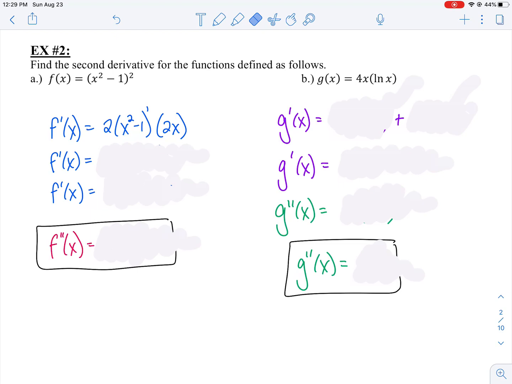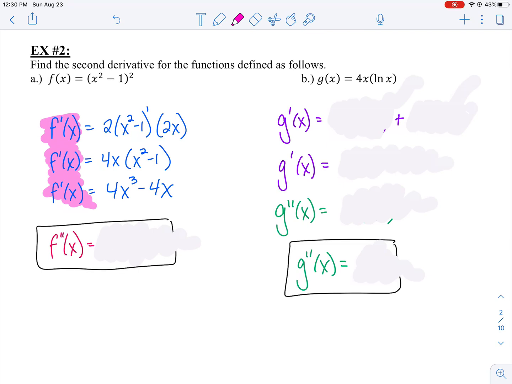And then don't forget to make sure that you multiply by the derivative of the inside, so the 2x. Combining some of my like terms, I can put the 2 and the 2x together, calling it a 4x times my x squared minus 1. I can even distribute the 4x through and say that my first derivative is 4x cubed minus 4x. You've noticed that I've continued my good notation because all of these expressions are still my first derivative, right?